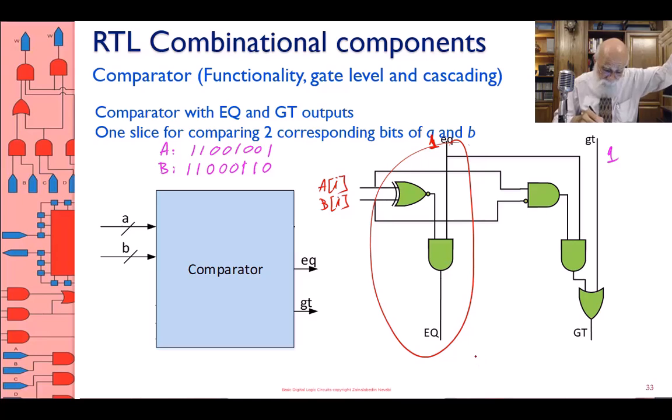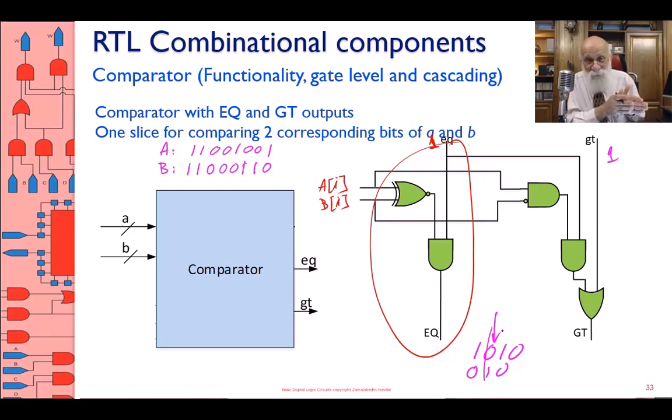That means, for example, A was 1 0 1 0. B was, let's say, 0 1 0. By the time you reach the second bit from the left, the decision has already been made that A is greater than B.